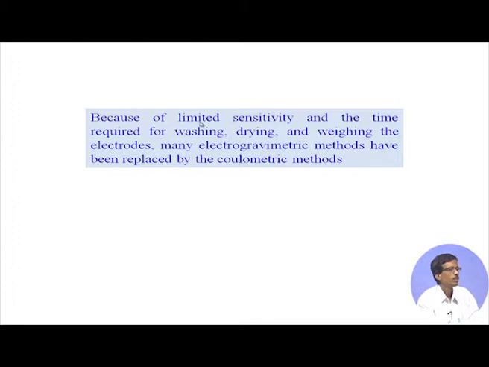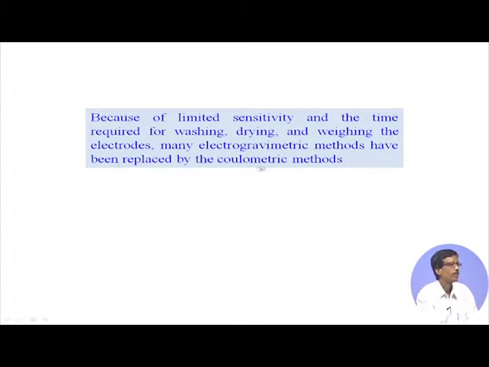You wash it from the solution, then dry it and then take the weight of the electrode to find your delta W. As I told you, delta W tells you how much metal ion as copper has been deposited as metallic copper on the platinum electrode. So, many of these electrogravimetric methods take some time, and if the selectivity is not so high, it is a little bit cumbersome procedure.